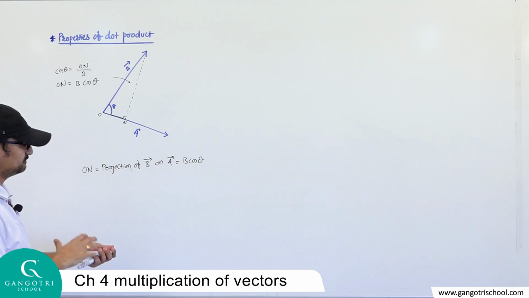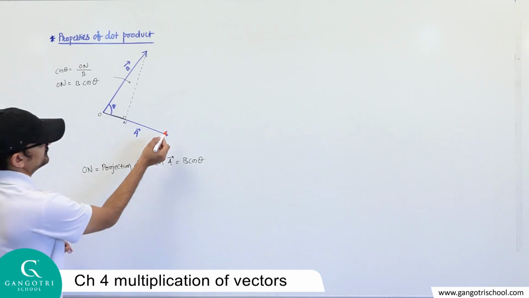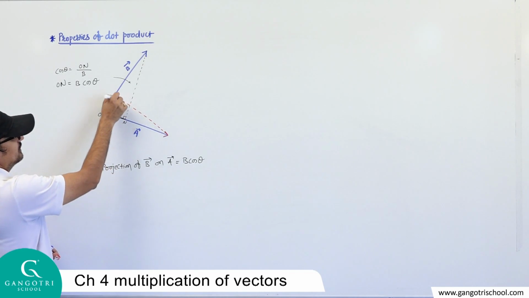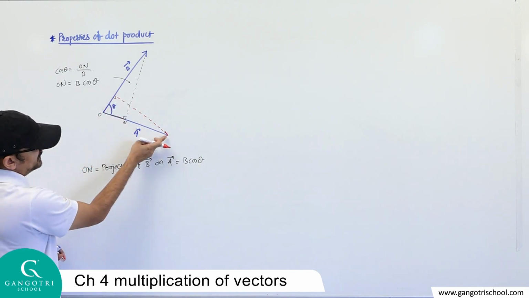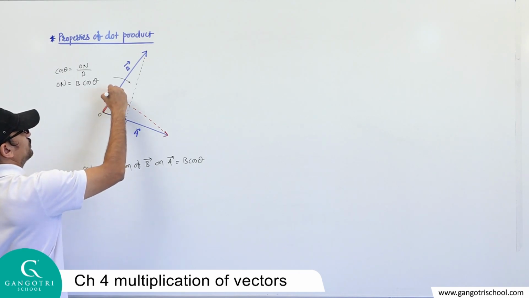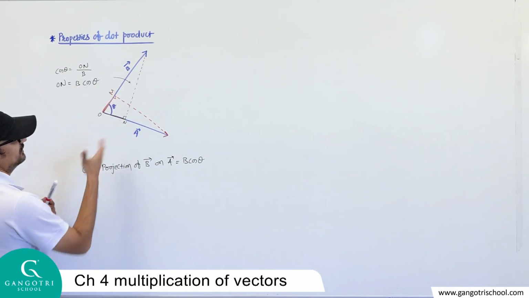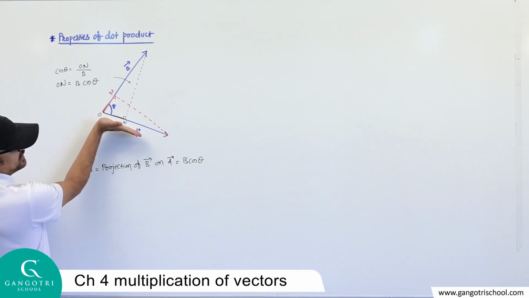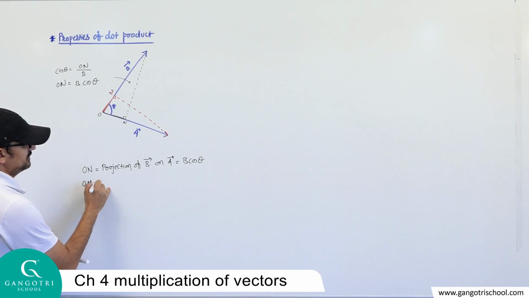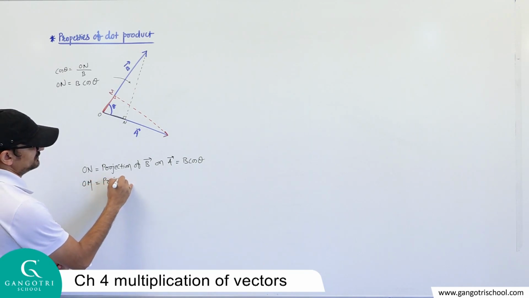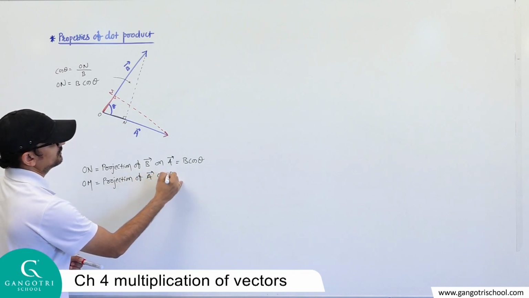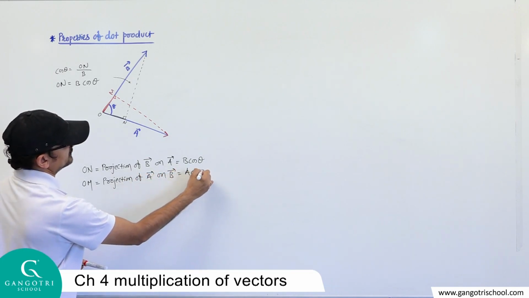In the same way, this is the head of vector A. If I draw one perpendicular line from the head of vector A on B, that portion, let's call it OM, is known as the shadow projection of vector A on vector B. OM is the projection of A on B, and that is equal to A cos theta. Why?